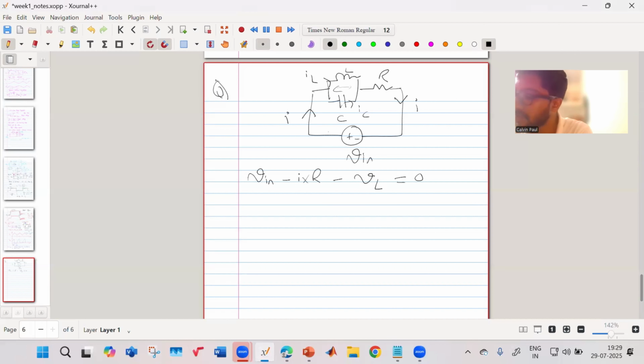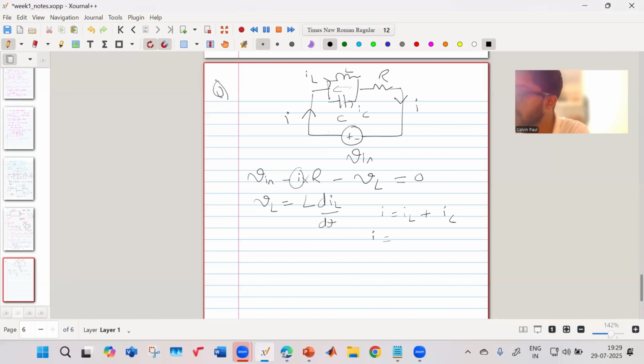Now, what is VL? VL is equal to the voltage across the inductor, which is L dIL by dt, right? So that is VL. Now, what is I? My I is equal to the current through the inductor plus the current through the capacitor.